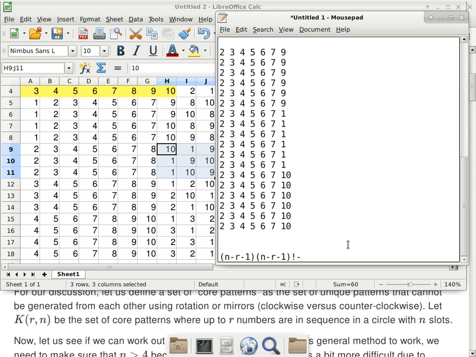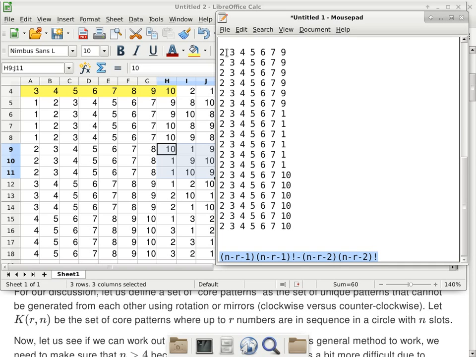So we have to subtract that one, which is minus n minus r minus 2 factorial. Is that okay? So this is just the number of ways to start with a 2 when we have n equals 10 and r equals 6.